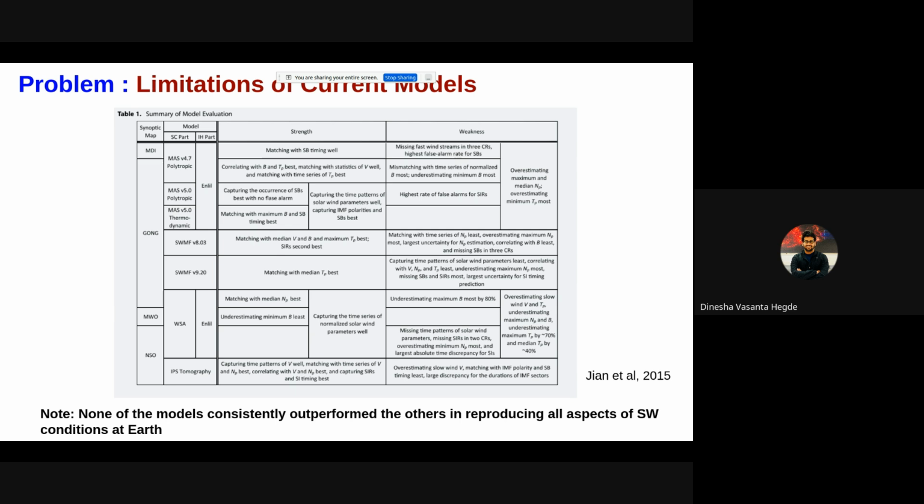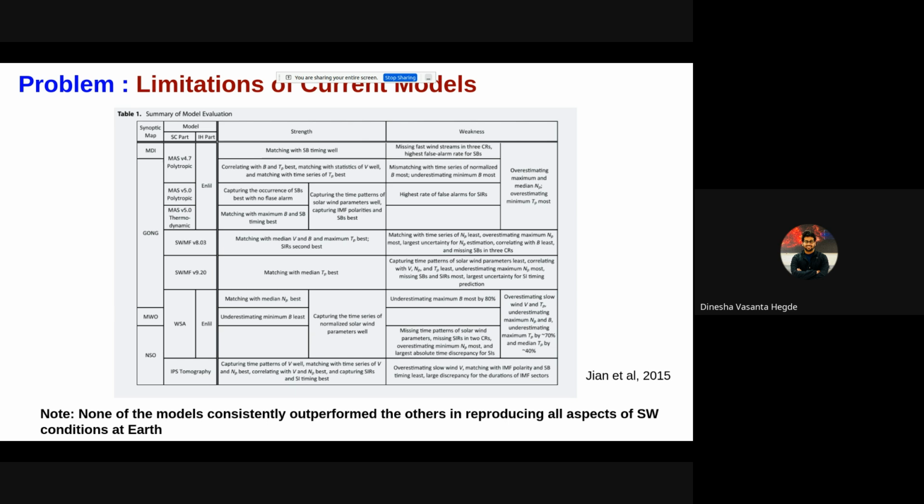Although this paper is 10 years old, the limitations of current models still exist, because other than the drastic change in computational capability and efficiency, not much has changed after 2015 in terms of observations to aid our simulations. What this paper says is that all the CCMC models were compared against Earth observations, to understand their relative performance, strengths and weaknesses.